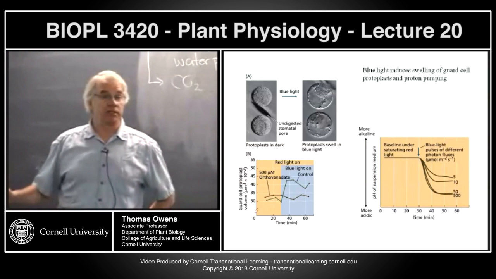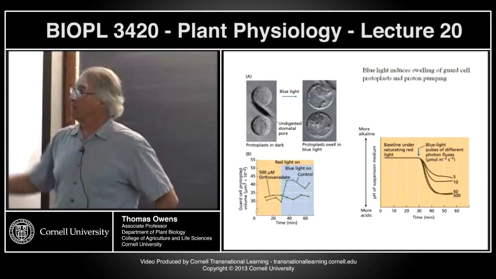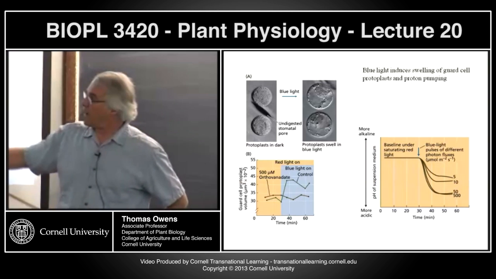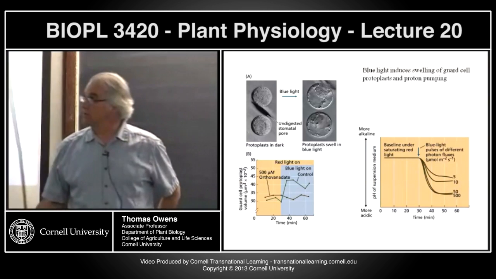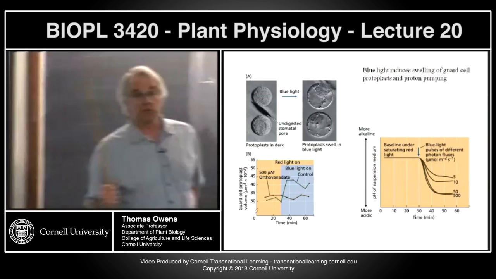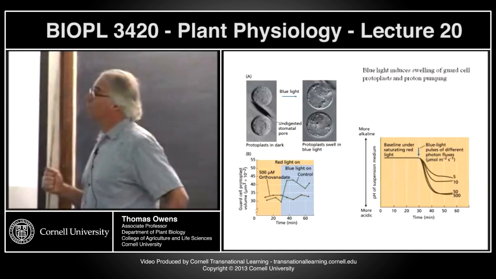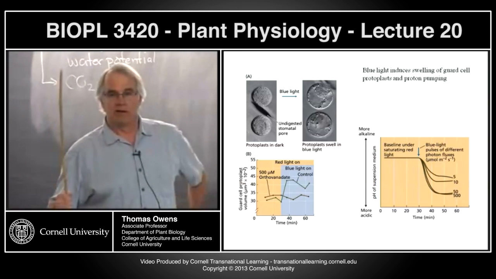Okay, so the simple experiments: put the guard cells in blue light, compare them with the dark, and see what happens. No big surprise. The volume of the guard cells swell in blue light relative to the dark or relative to red light on. So again, saturate the effects of photosynthesis. Oh yeah, one important thing.